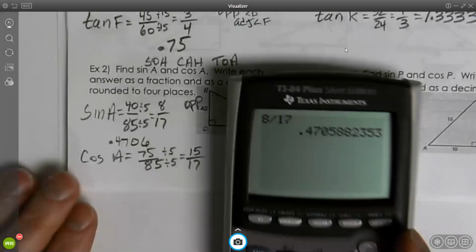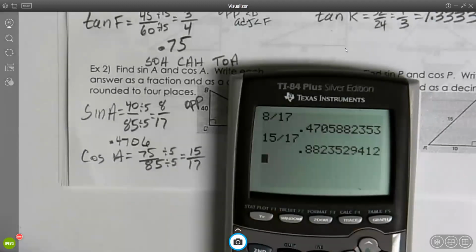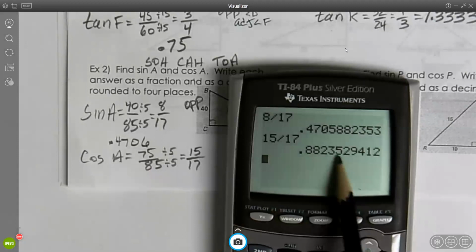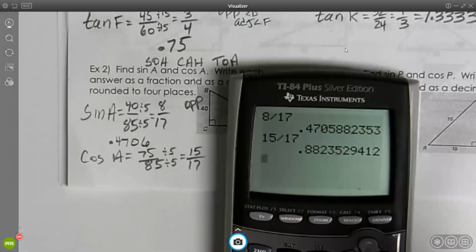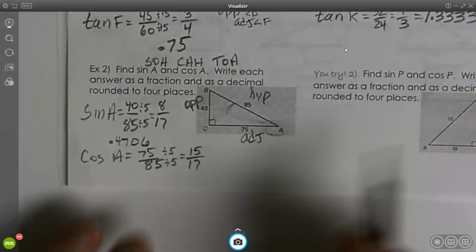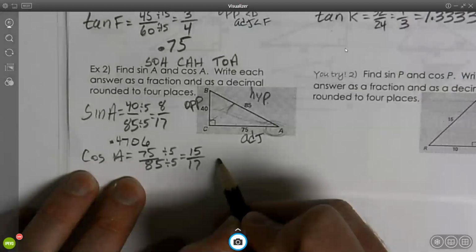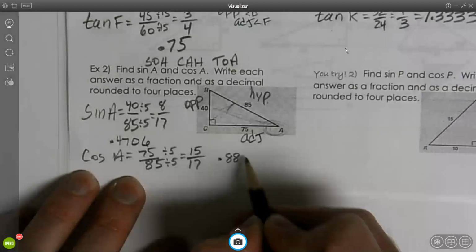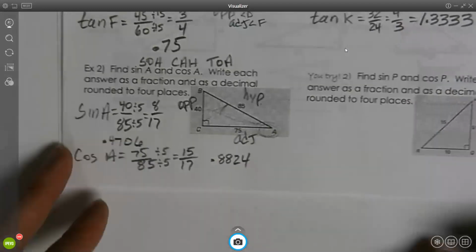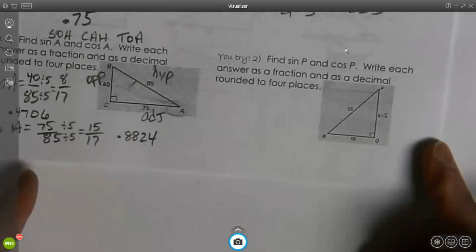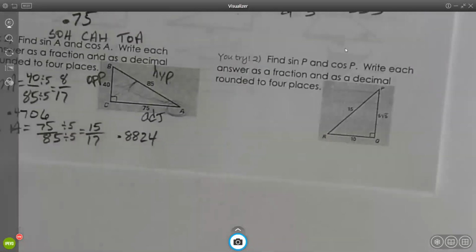So 15 divided by 17 is 0.8824 because the fifth number is 5 or bigger. So that makes the fourth number get rounded up. You can go ahead and try number 2.